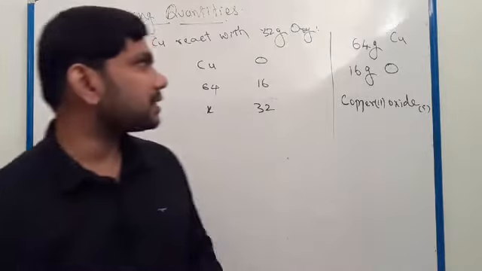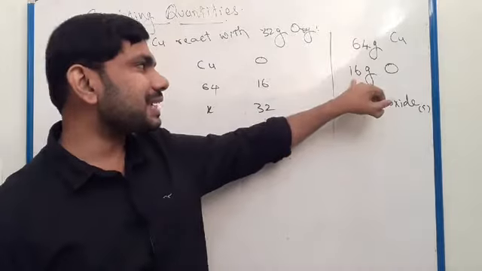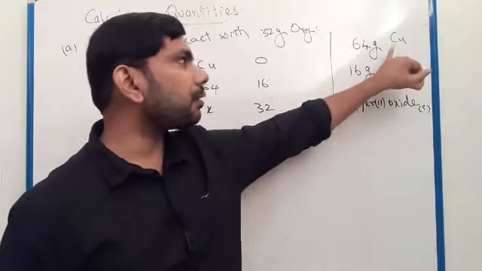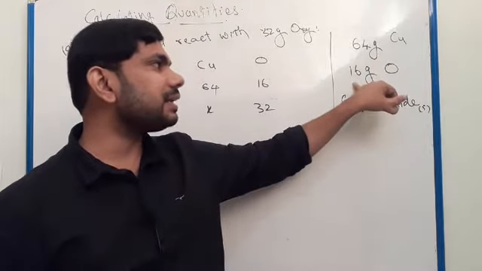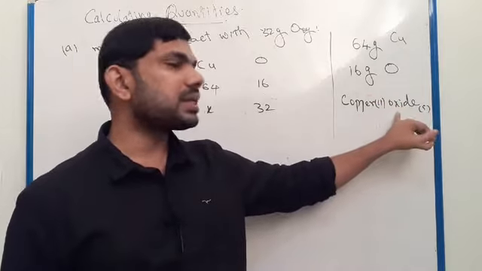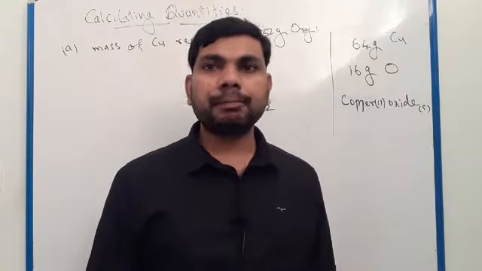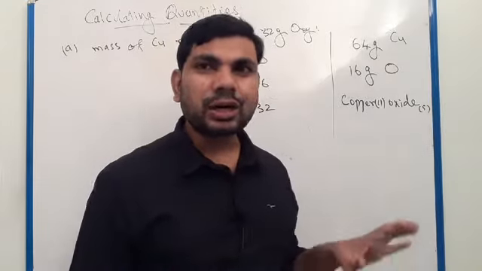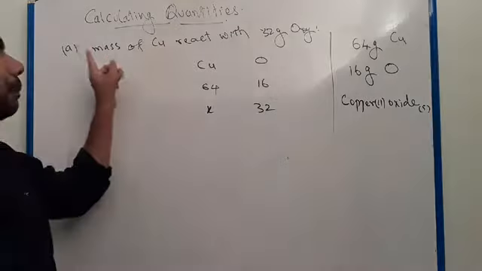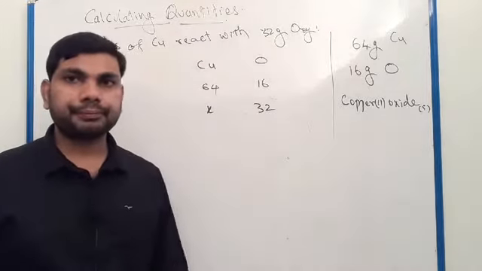The question says 64 gram copper reacted with 16 gram of oxygen, forming black copper 2 oxide. This copper 2 oxide is in solid state. This is the question.